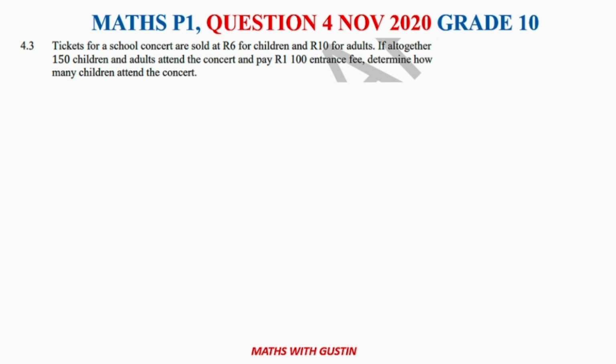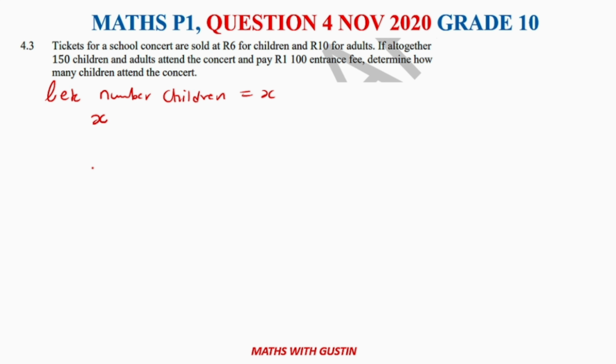If altogether 150 children and adults attend the concert and pay 1,100 entrance fee, determine how many children attended the concert. Wow, exciting. So we're going to say let the number of children be equal to x. Number of children is x. Great stuff.